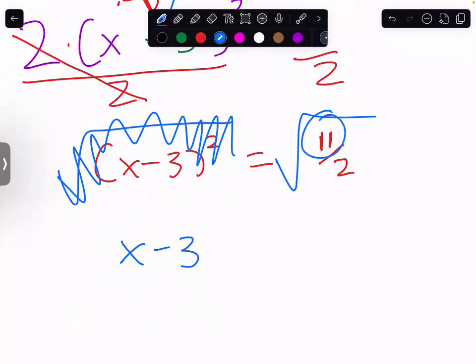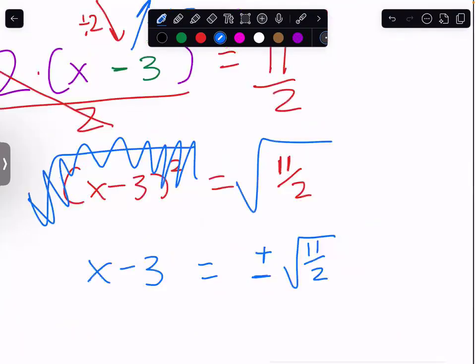Square root of 11, what number times itself equals 11? No number that we know of. So we're going to leave this one in the square root, but we need to add the plus minus sign in front of it. This plus minus means it can either be positive square root 11 over 2 or negative square root 11 over 2.